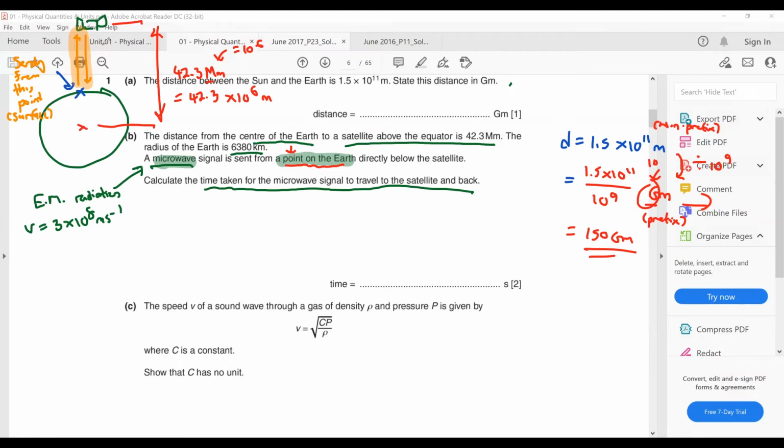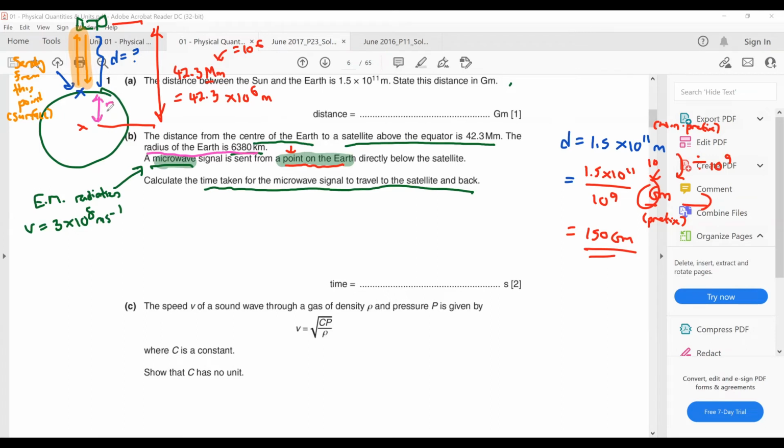So right now, what you need to do is find out what this distance is first. Your question told you that the radius of the Earth is 6,380 kilometers.